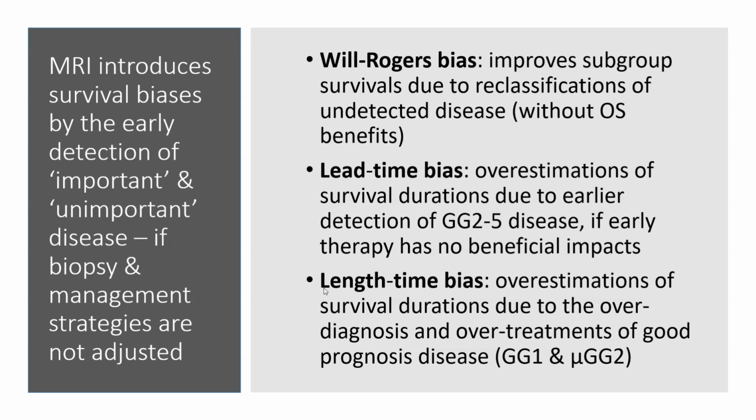Lead time bias is an overestimation of survival duration due to the earlier detection of clinically significant disease if the earlier institution of therapy has no benefits. And length time bias is the overestimation of survival duration due to the overdiagnosis and the overtreatment of good prognosis disease.